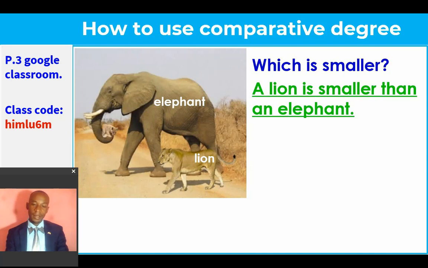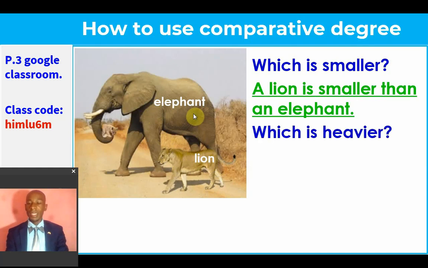Look at it. Look at the lion. It's just here. Can it be an elephant which is smaller? Of course no. So a lion is smaller than an elephant. Next is, which is heavier? So which is heavier of the two?